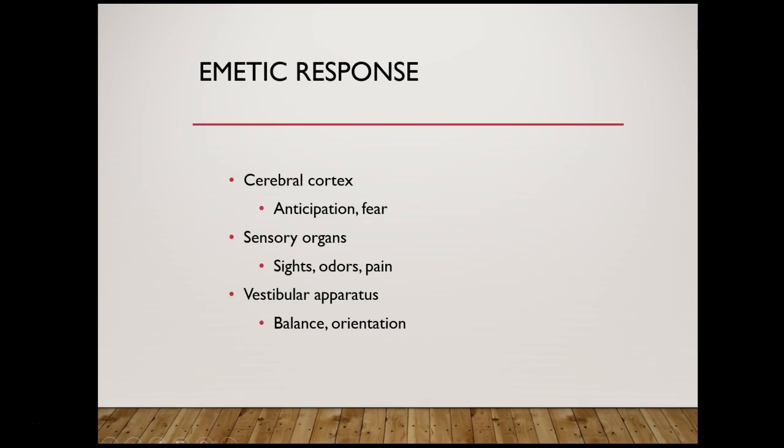The reflex is triggered by feelings like fear, anticipation, anxiety, sensory input such as unsettling sights or odors, pain possibly, or by the vestibular apparatus in the ear that can be triggered by motion, disorientation, or being off balance in some way. The vomiting center will send a signal to the stomach, the diaphragm, and the abdominal muscles to expel the contents of the stomach.